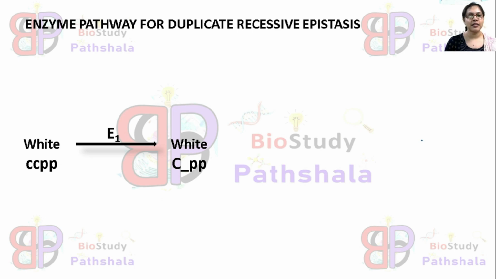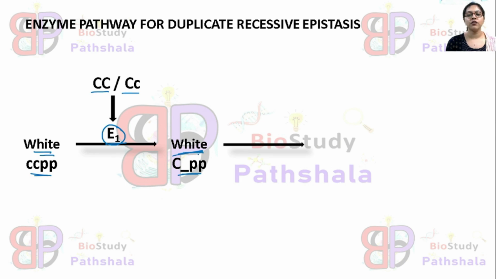This E1 enzyme modifies this white color with this particular genotype to this white color with this particular genotype. Now this E1 enzyme is the product of capital C capital C or capital C small c. That means homozygous dominant condition of C gene or heterozygous condition of C gene lead to formation of E1 enzyme, which further modifies this white color with this genotype to this white color with this particular genotype.